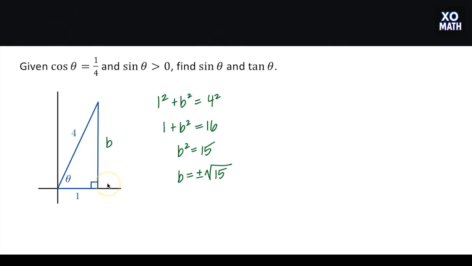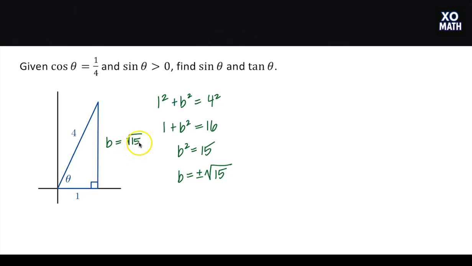Now since I'm in quadrant 1, the x distance here is positive and the y distance here is also going to be positive. So again, we know sine and cosine are positive in quadrant 1. So b is going to be the positive square root of 15.